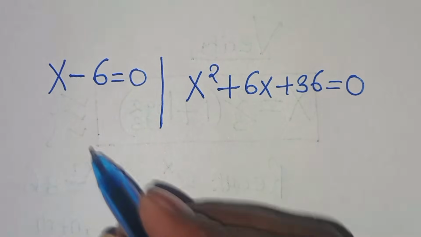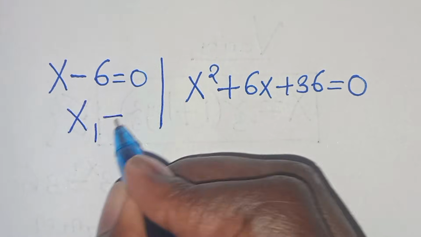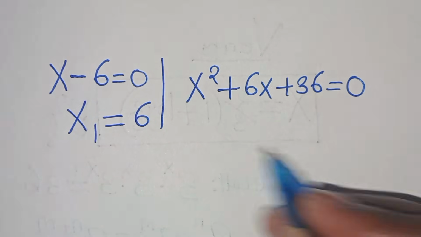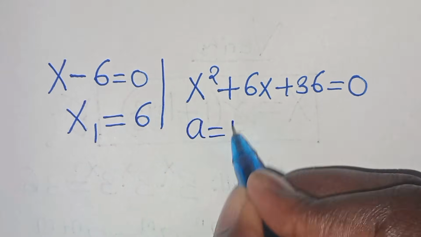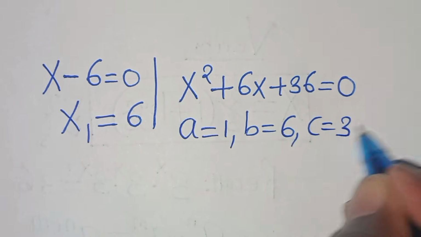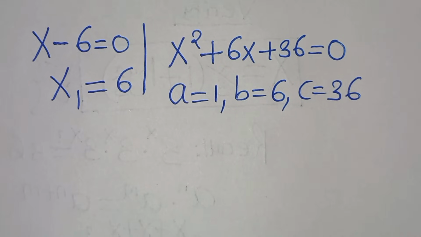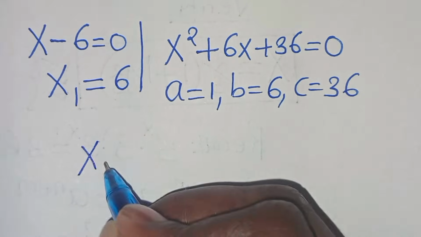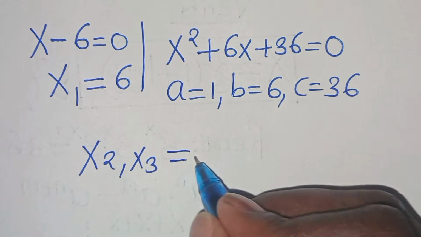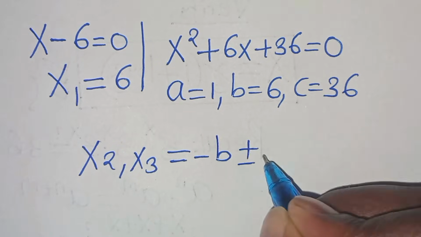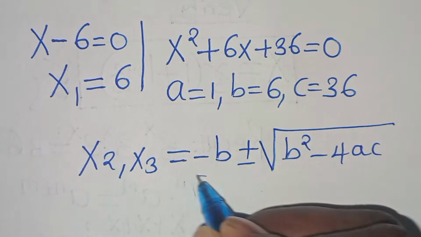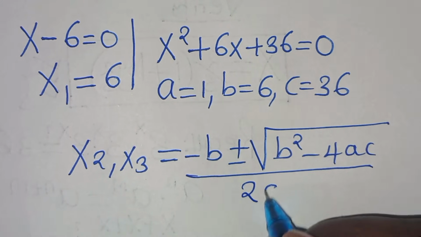Now from the first part here, we have that x1 is equal to 6. The second part here is a quadratic equation where a is equal to 1, b is equal to 6, and c is equal to 36. So we can solve for x2, x3 by applying the quadratic formula, which is minus b plus or minus the square root of b squared minus 4ac, everything divided by 2 times a.